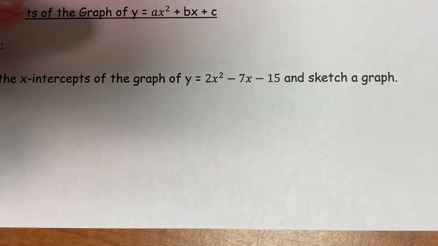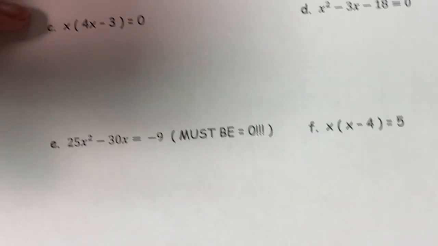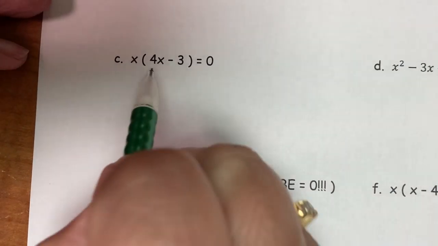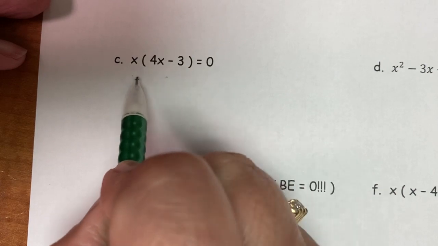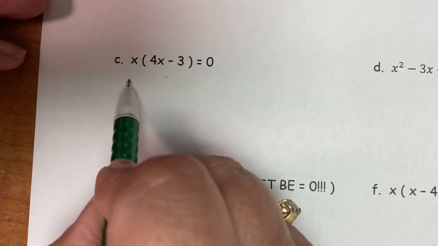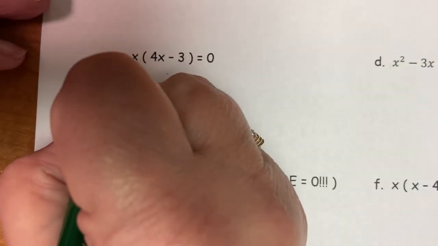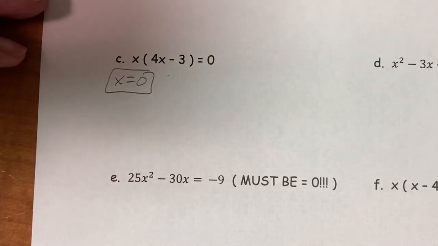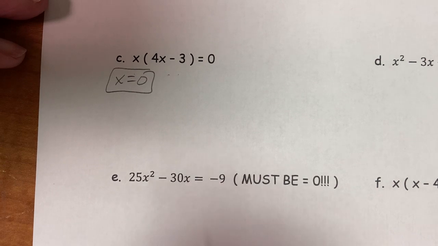All right, let's keep going. So this one is a little bit different, but we do have it already factored. So we're going to take each one of our factors again and set it equal to 0. Well, if I take that first factor and set it equal to 0, I'm going to get my first solution: x is equal to 0.